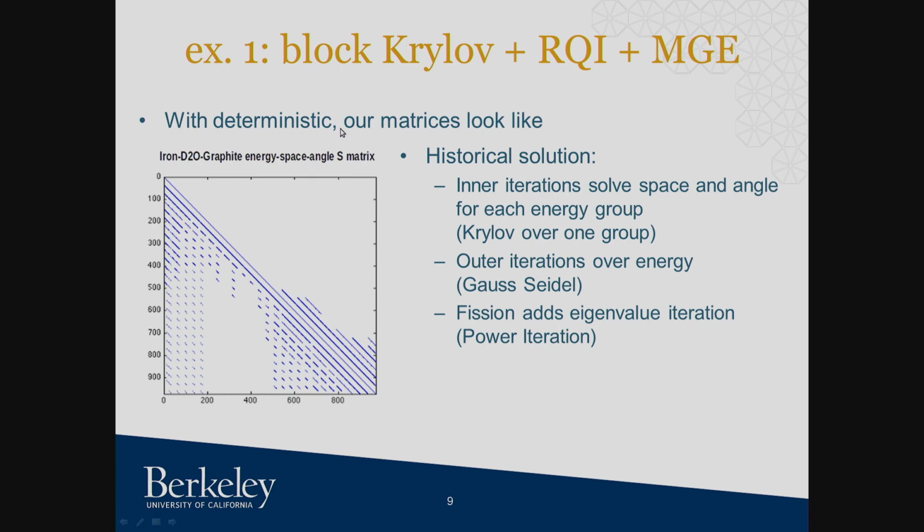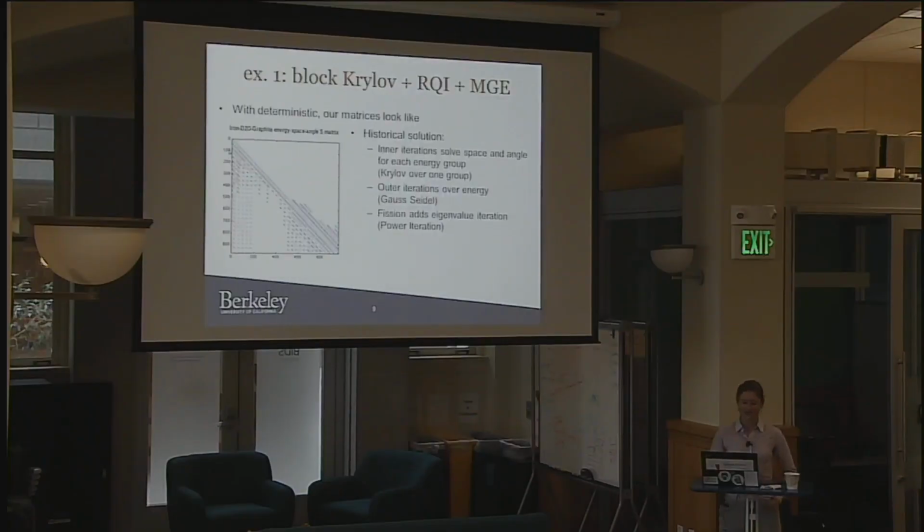With deterministic, when we discretize things into groups and angle sets and so on, this is our energy-angle scattering matrix. So this is how neutrons change energy and angle for iron, heavy water, and graphite, which we use in nuclear a lot. And a thing that you'll notice about this, so this goes from high energy group to low energy group.